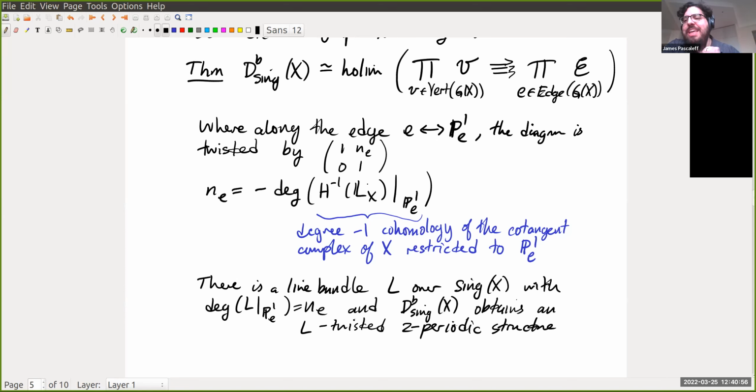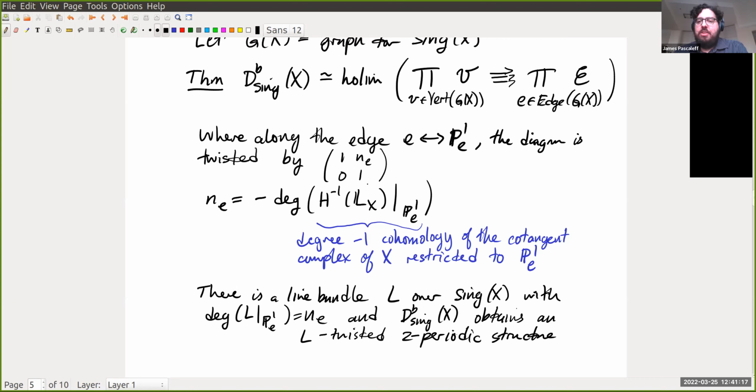It turns out that these hypersurface singularities have, on the singular locus, degree -1 cohomology in the cotangent complex. It's actually rank 1, so it defines a line bundle over the singular locus, and you take the degree of that line bundle on the P1 contained in the singular locus. That line bundle comes into play and determines the value of n: n is the degree of this line bundle. So in the toric Calabi-Yau case, these n's are all equal to 0.